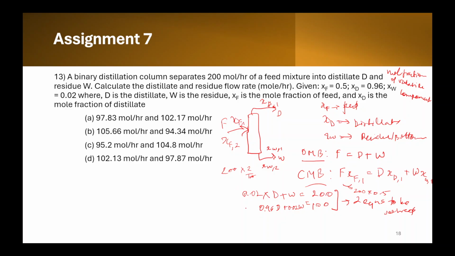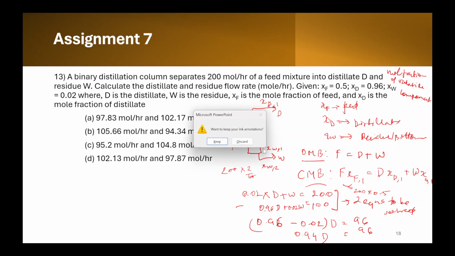And then you subtract this. So 0.96 minus 0.02 D is equal to 100 minus 4, that will be 96. So 0.96 minus 0.02 is basically 0.94 D is equal to 96. So you can compute that.